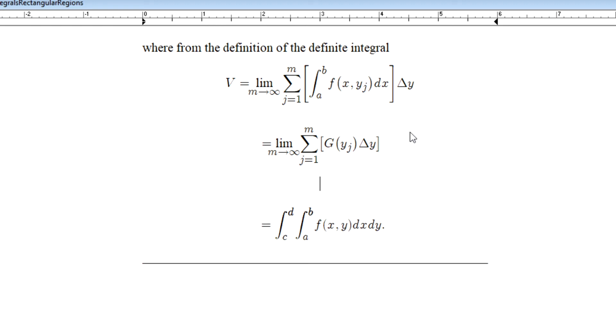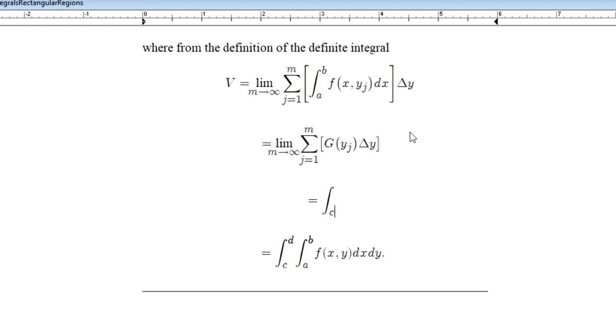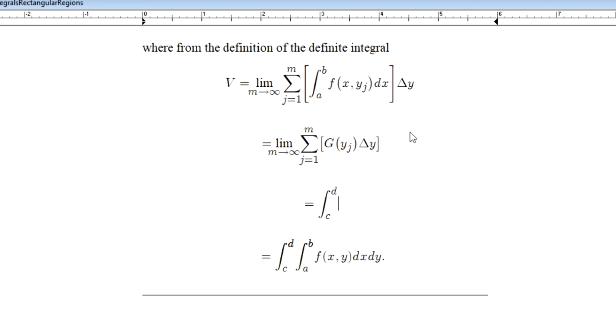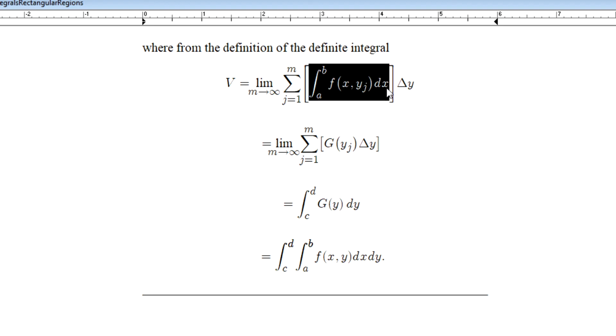the integral from c to d for function big G of y, all integrated with respect to y. And what do we know about big G of y? Big G of y is equal to the integral of big F of x comma y integrated with respect to x.